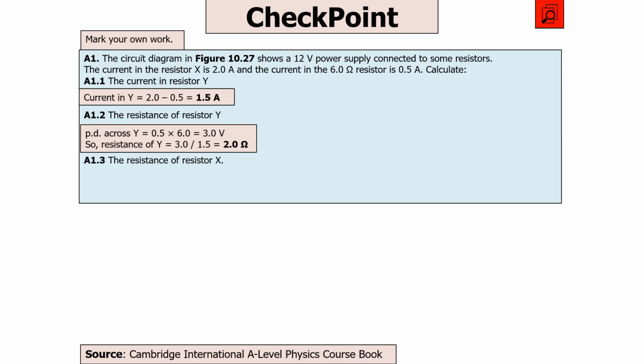So therefore the resistance across Y is going to be R equals V over I. We know V is 3, we know the current is 1.5 from the previous question, so therefore the resistance is 6 ohms. And then for X, we can say that the potential difference across X, because we know that the other one's taken 3, this must take 9. R equals V over I, it's 9 over 2, it's 4.5 ohms.